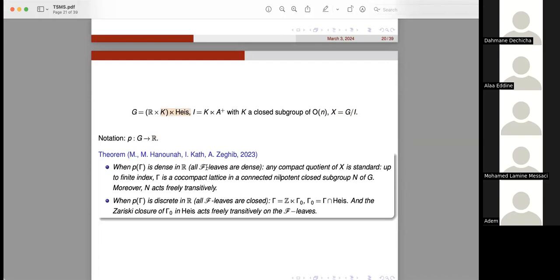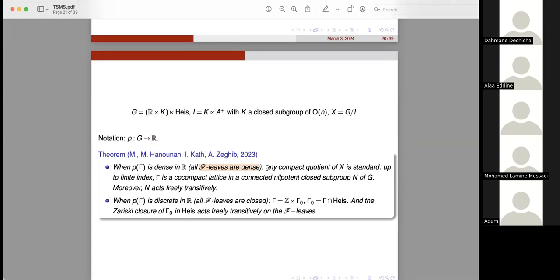This foliation, I call it F. The case where Gamma has a dense projection in R corresponds to the case where all the leaves are dense in the quotient M = Gamma\X.